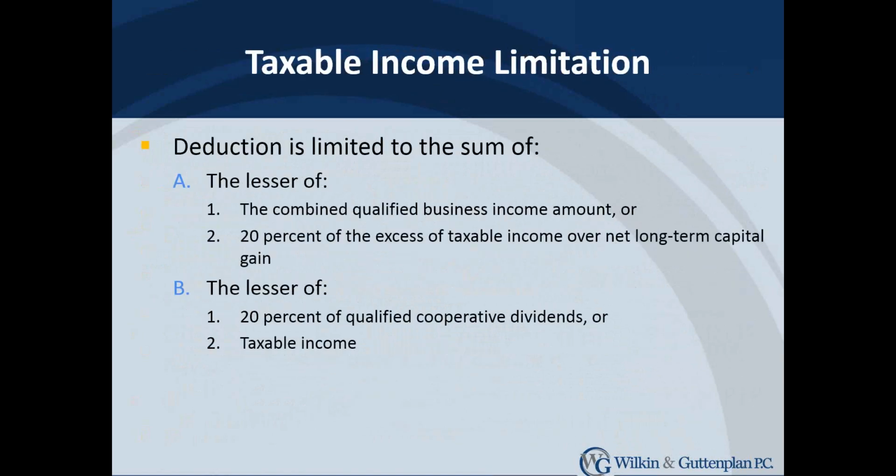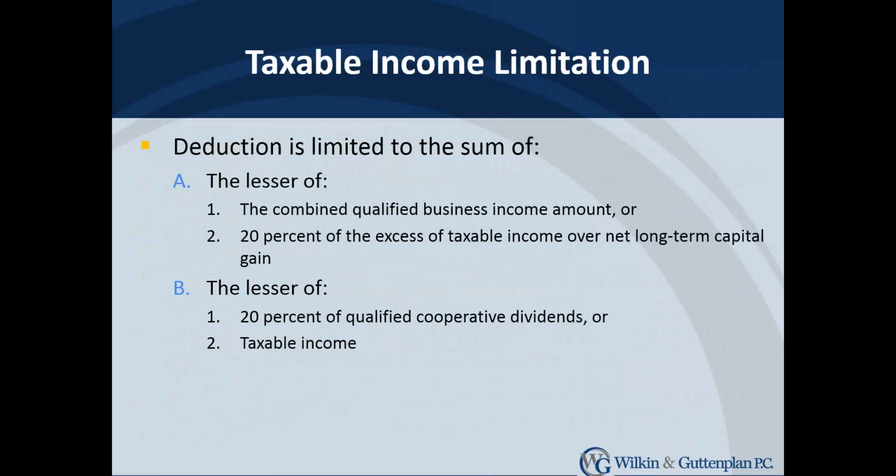So if you still have any qualified business income deduction after getting through those first limitations, we're now at our third limitation. That's that you have to have enough taxable income to be able to absorb this deduction. So the next limitation is you get to deduct the lesser of the combined qualified business income amount of all your different entities, or 20% of the excess taxable income over net capital gains.